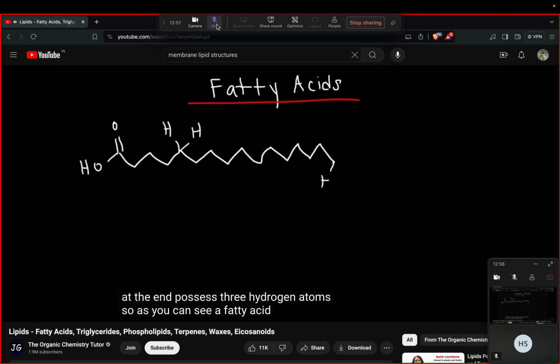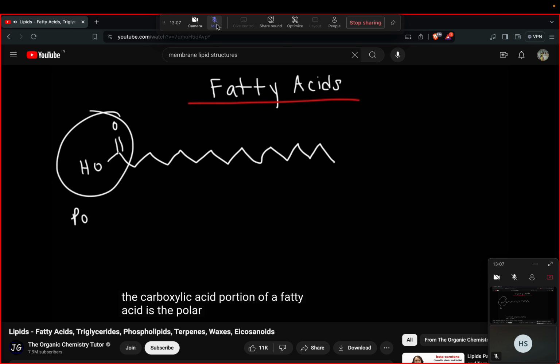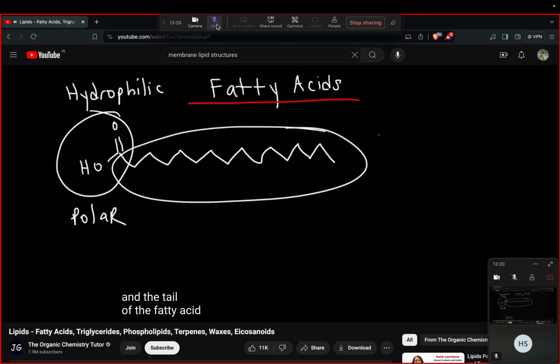So as you can see, a fatty acid is mostly made up of hydrocarbons. The carboxylic acid portion of a fatty acid is the polar part. So this is the part that likes water. That's the hydrophilic part. And the tail of the fatty acid is the nonpolar part. So that is the hydrophobic part, the part that doesn't like water.